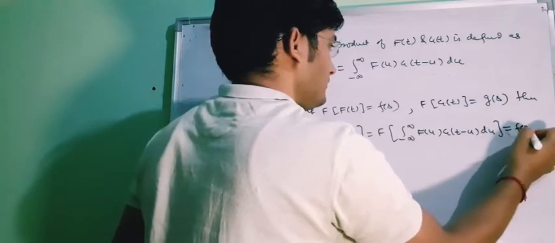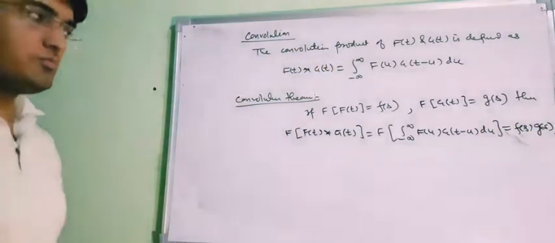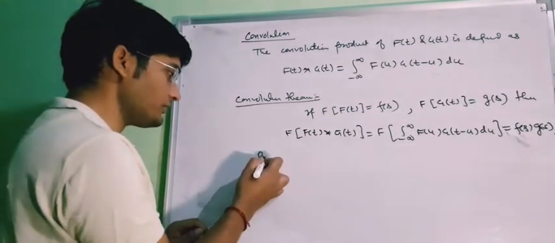That means the Fourier transformation of f(t) into the Fourier transformation of g(t). Let us prove it.